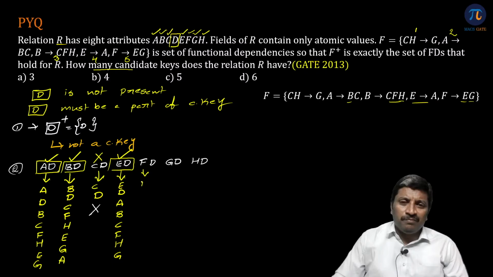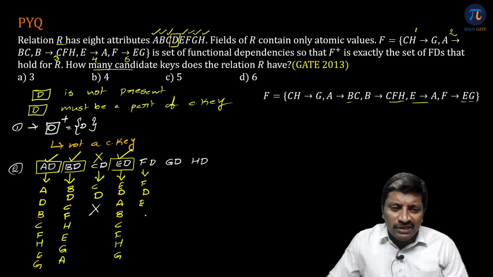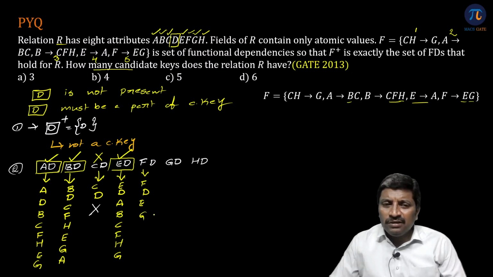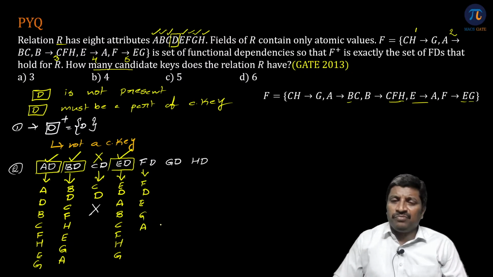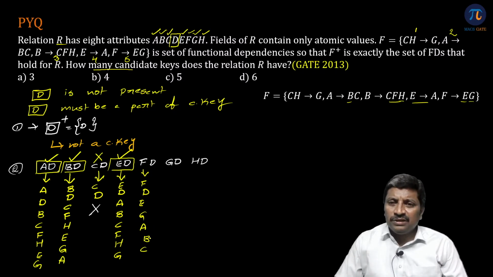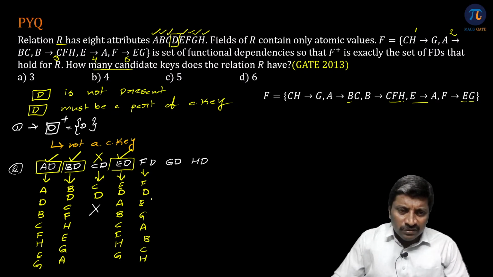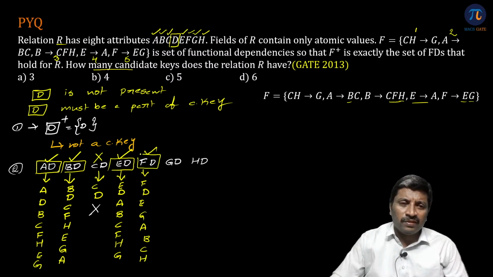What about FD? With F, you can get EG. Then with E, you can get A. With A, you can get BC. Then with B, you can get F, H. I think F is already there, sir, so let's write only H. We got all attributes: F, D, E, G, A, B, C, H. What about GD?